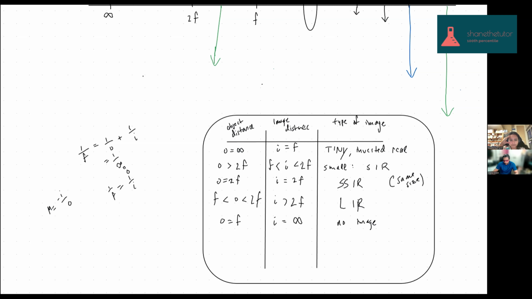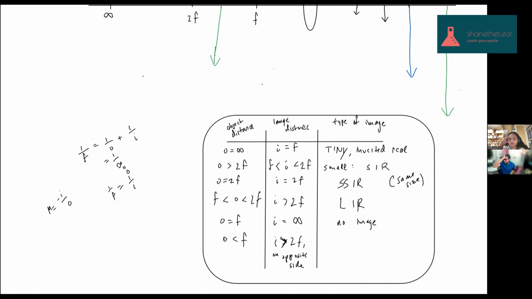What will happen is you will have the image at greater than 2f, but on the opposite side.